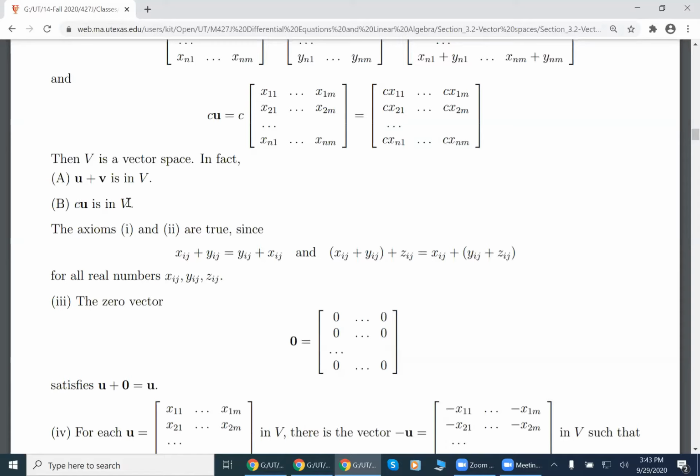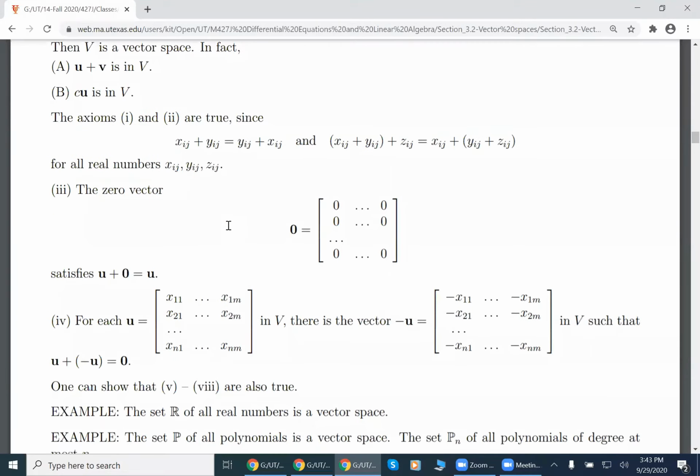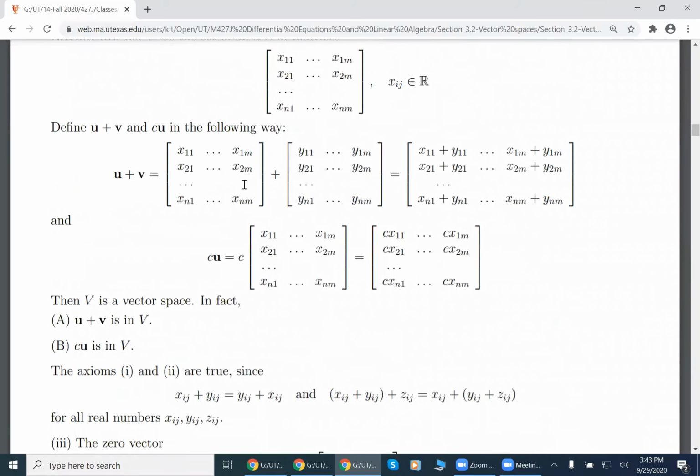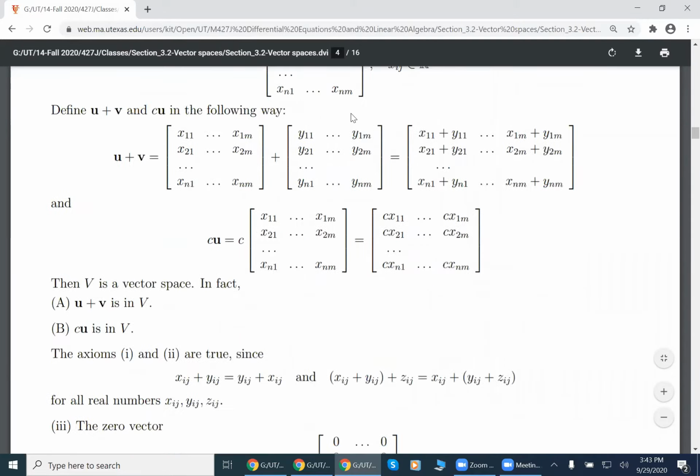Group number 1, closed under addition and multiplication by a scalar. Group number 2, the remaining 8 properties, commutativity, associativity, and so on. So this is example number 2 of a vector space, the set of all n by m matrices.